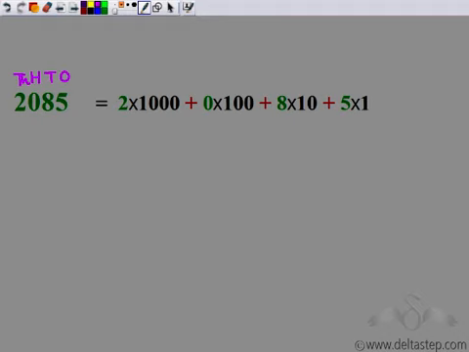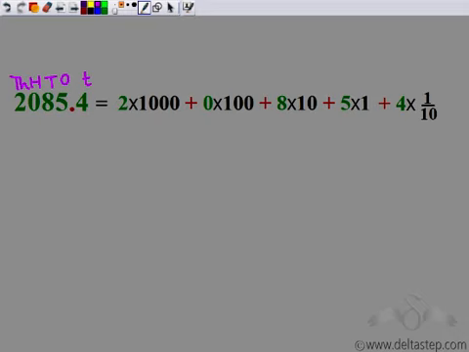Similarly, we can expand decimal numbers too. Let's look at 2085.4. As soon as I have a decimal point, the column right next to the decimal is tenths. This is ones, tens, hundreds, thousands. Till 2085 it is the same, which is 2 times 1000 plus 0 times 100 plus 8 times 10 plus 5 times 1.